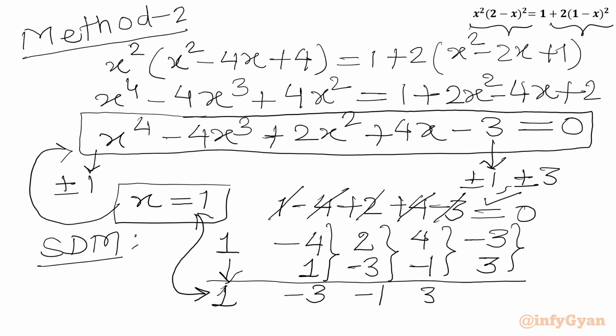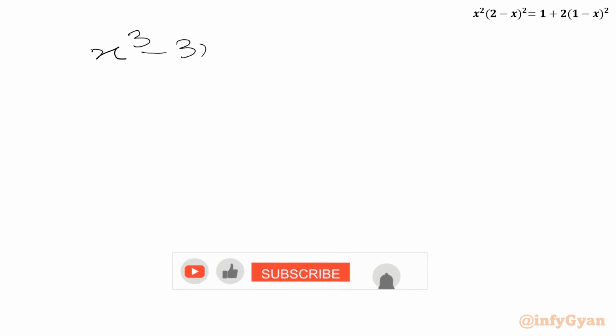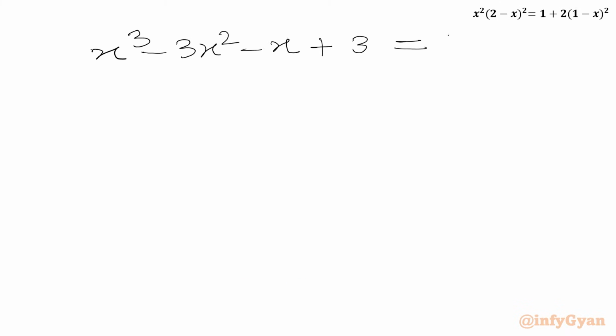Addition of these two will give us 0. So here we have coefficients for cubic equation. I can write x cube minus 3x square minus x plus 3 equal to 0.